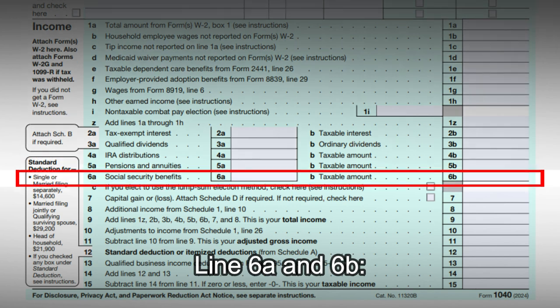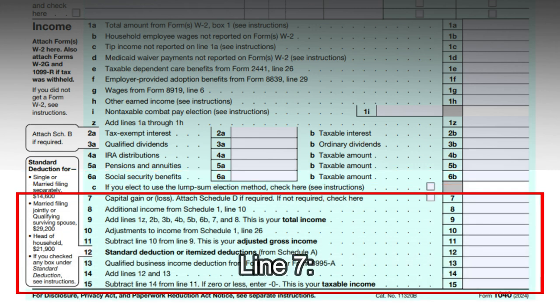Line 6A and 6B. Social Security benefits are payments made to eligible individuals, primarily retired workers, and their dependents or survivors. While Social Security benefits are often thought of as tax-free, a portion of them can be taxable depending on your total income for the year. Capital gains, additional income. Line 7.